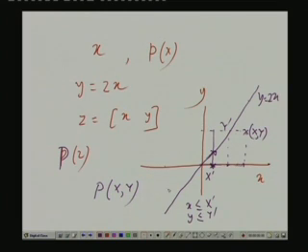And then what is the probability of x less than or equal to x prime and y less than or equal to y prime? It is simply the probability of x less than or equal to x prime, because if that is satisfied, this is also satisfied, because y equals 2x.